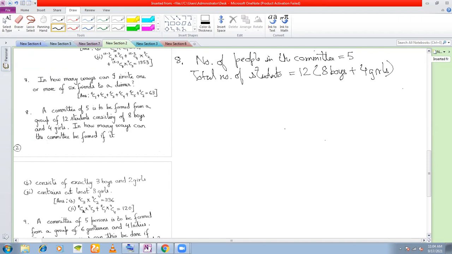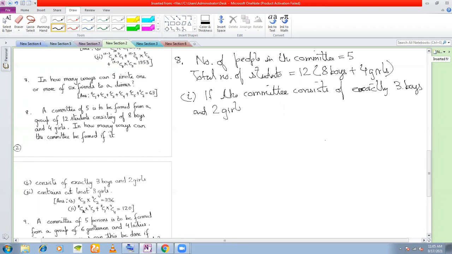In how many ways can a committee be formed if, first one, the committee consists of exactly 3 boys and 2 girls. Then the committee of 5 is to be formed.